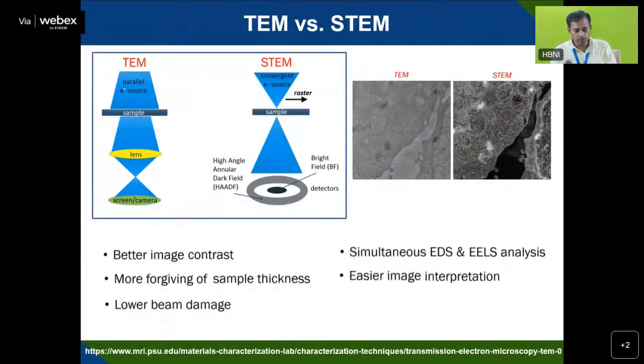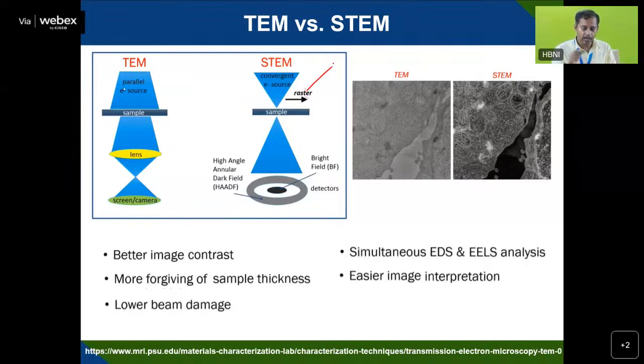In addition to both dark field and bright field, there is another technique possible, that is STEM, the scanning transmission electron microscope. Here there is a raster scanner.